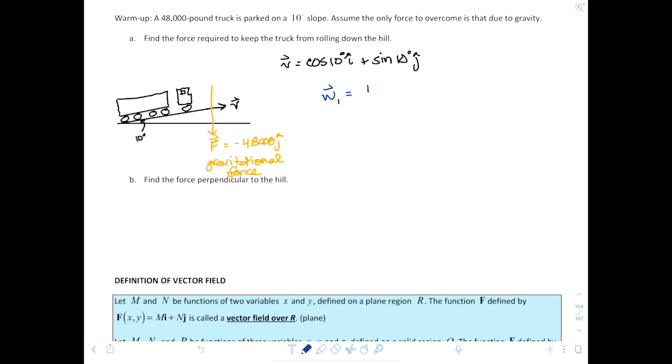That's going to be the gravitational force F dot V divided by the magnitude of V squared, times V. The magnitude of V is just 1, right? So we'll just have F dot V times V.